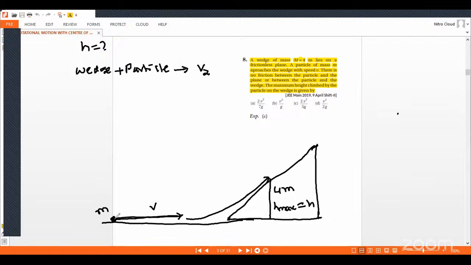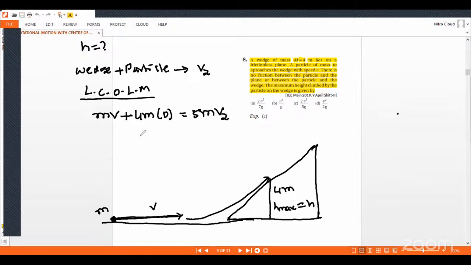Initially, the particle is moving with a speed v and the wedge is at rest. By applying the law of conservation of linear momentum, m into v plus 4m into 0 equals 5m times v2. So v2 equals v by 5.